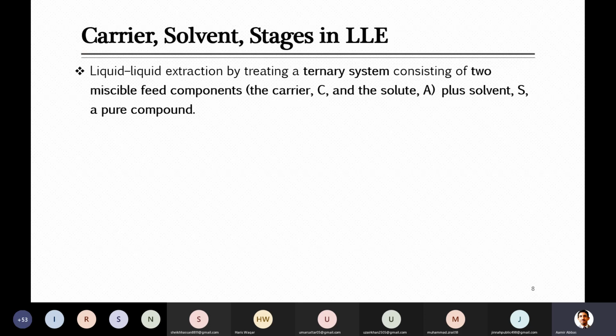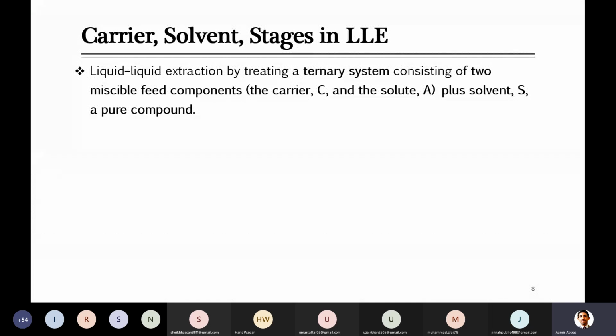This system of liquid extraction is named a ternary system. Later we will also see the ternary diagram when we look at the design or number of stages calculation for these liquid extraction systems. Ternary, as its name indicates, is related to three.